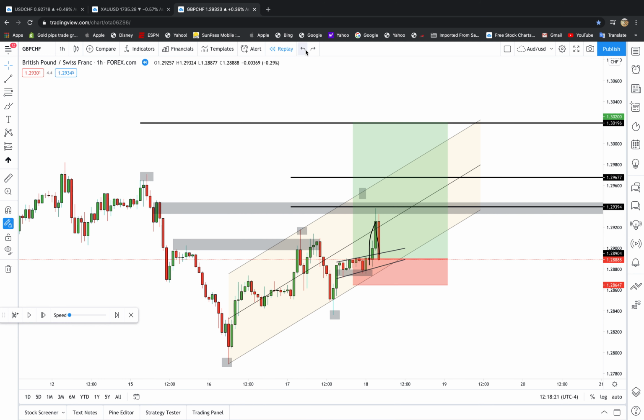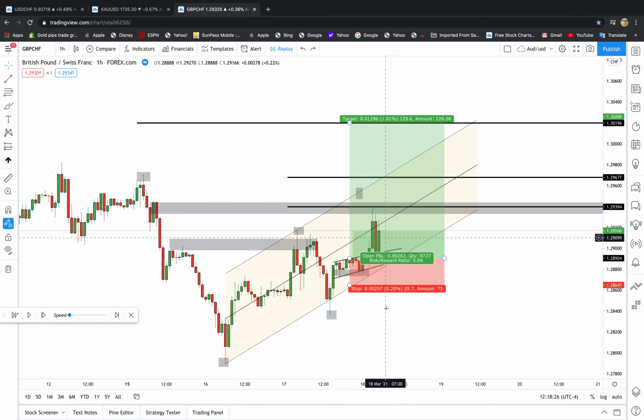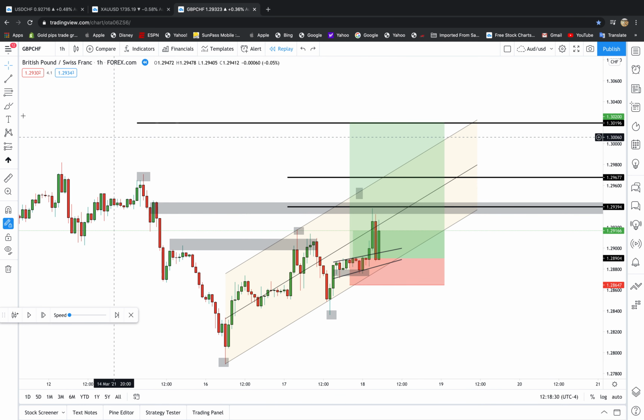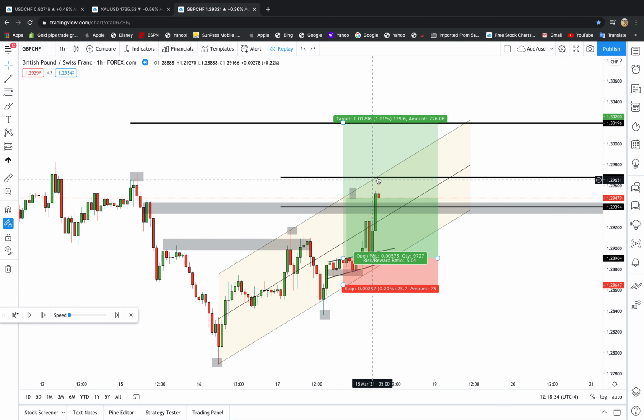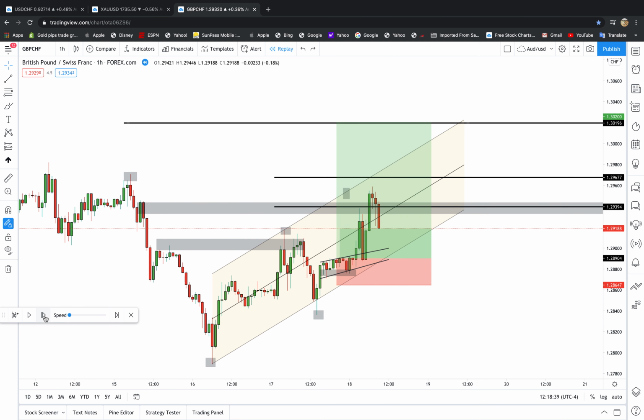So if we play that, you see it immediately pushes right back up, no wick, no nothing. The very next candle was an explosion, right? And then we miss our second take profit. I think we closed at about 40 pips.